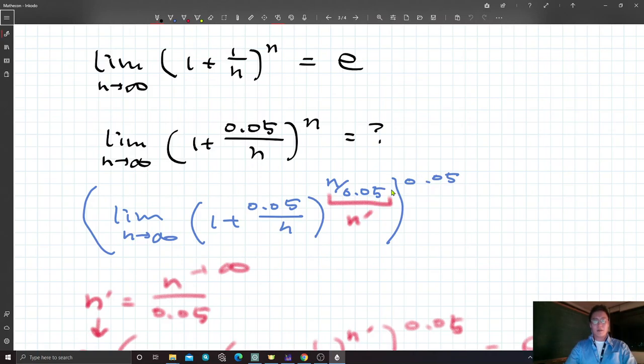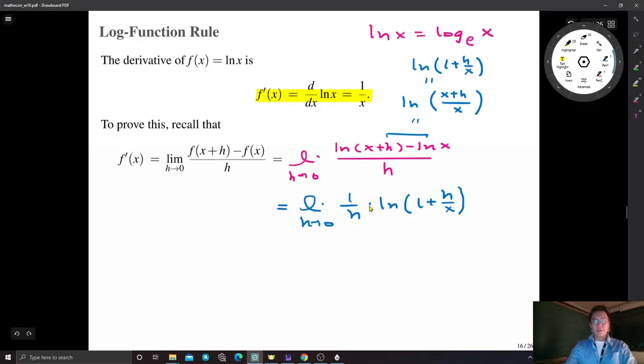So I'm going to use the same trick here to rewrite this limit. First multiply by x, to make 1 over h be x over h, and then divide by the same quantity, x. So I multiply and divide by x. Then the limit value does not change at all.